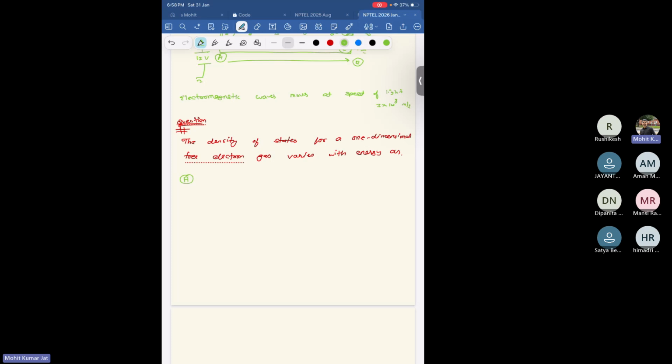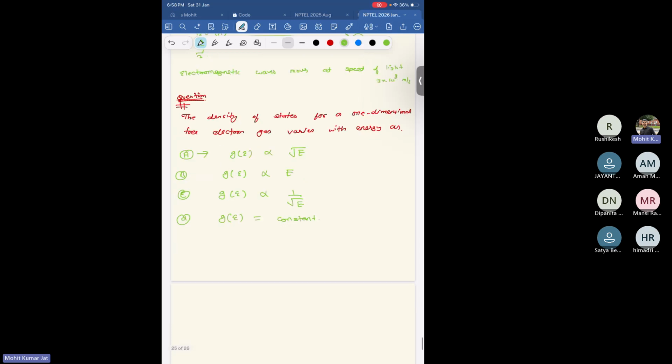Option A is g(E) proportional to square root of E. Option B, g(E) goes as energy. C, your density of states g(E) goes as 1 by square root of E. And D, your g(E) is constant. So what will be the answer?